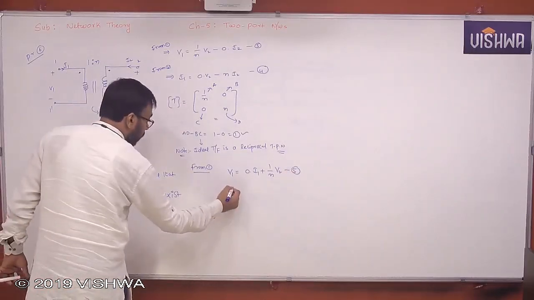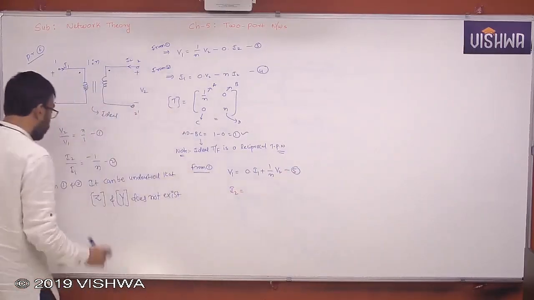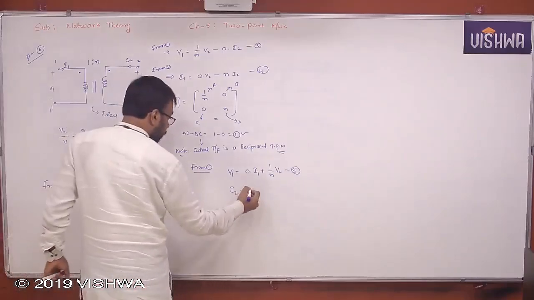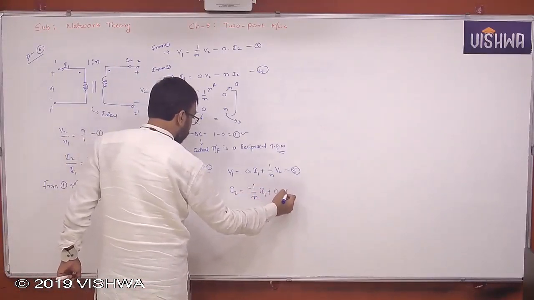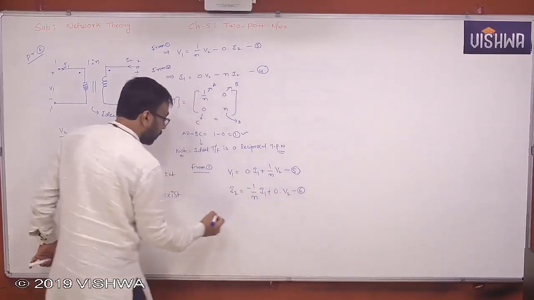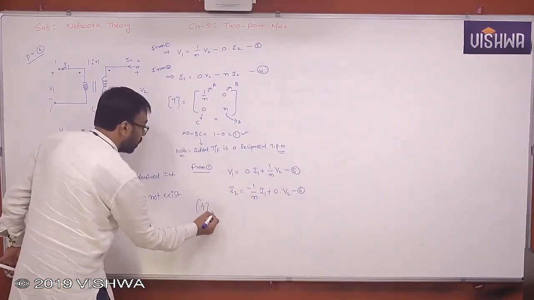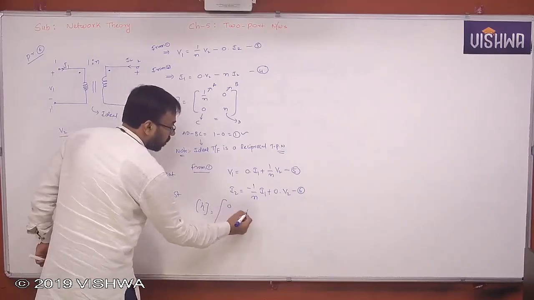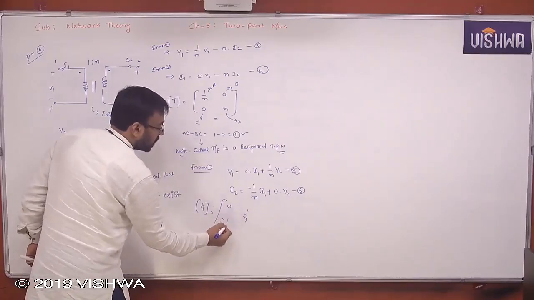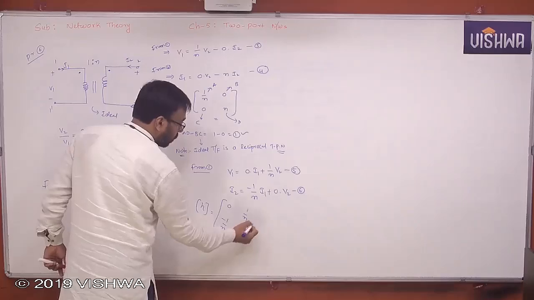Now I2 is equal to minus 1 by n I1 plus 0 times V2. This is 4. Therefore, the H matrix, if we compare with the standard equations of H parameters, will become 0, 1 by n, minus 1 by n, and 0.